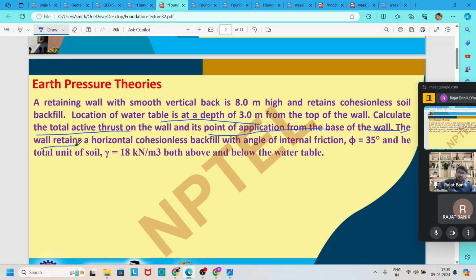The wall retains horizontal cohesionless soil backfill with angle of internal friction Phi equal to 35 degrees, and the total unit weight of the soil is given as 18 kN per meter cube above and below the water table. So I am drawing the condition of the soil for the given problem.